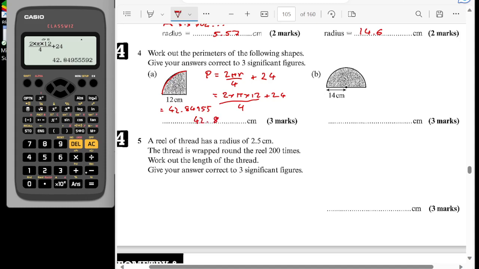And for this one, in a similar way, I'm going to say that the perimeter is going to be equal to, this time I'm doing the circumference, so 2 pi r divided by 2, they all would cancel, plus 2 lots of 14.